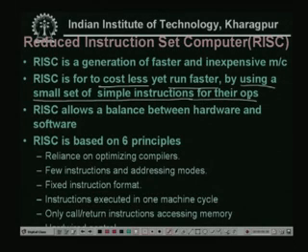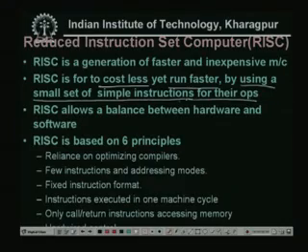Mainly we are discussing the design of the instruction set, and we have just seen that the size of the opcode gives the number of operations to be performed. So, using a small set of simple instructions is the basic principle of the RISC machine, which makes it faster as well as less costly.